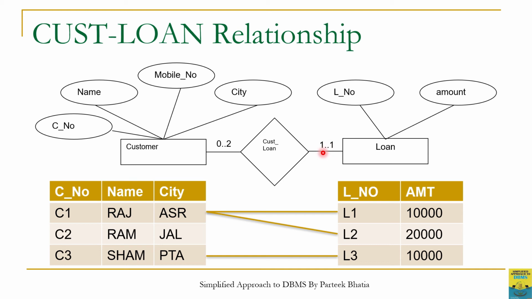Since the minimum cardinality of loan in this relationship is 1, it is compulsory for a loan to participate in this relationship, while it is optional for a customer to participate in the customer loan relationship. So the participation of customer is partial, while the participation of loan is total.